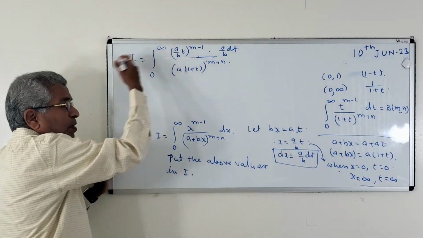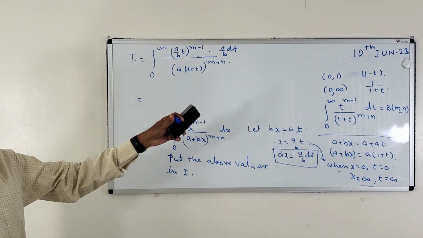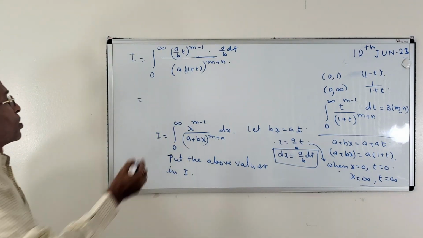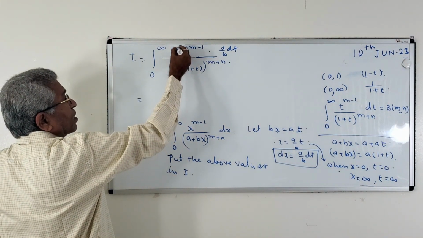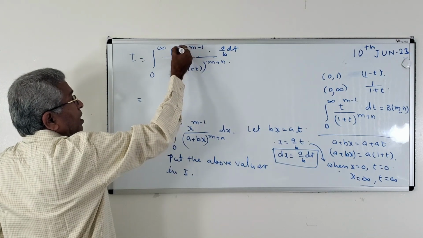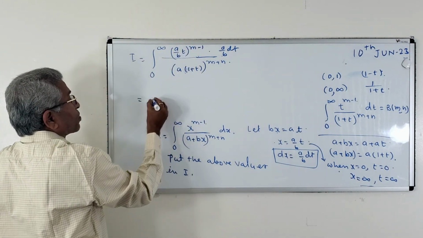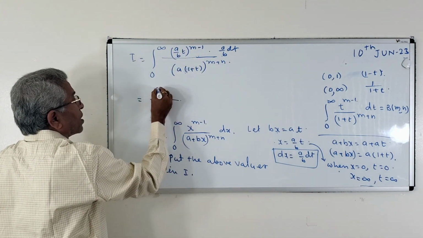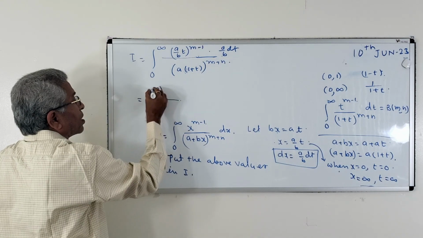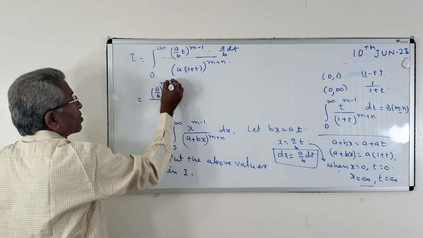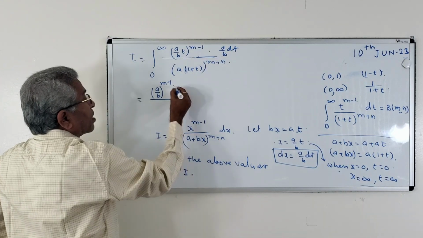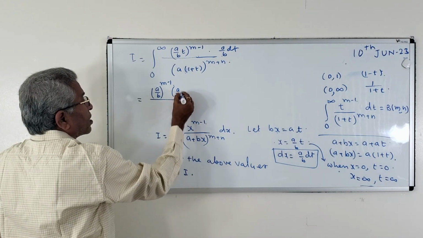Now write all the multiple constants in the numerator as well as the denominator outside the integral. So here, see, this is the multiple of this factor, a by b with power m minus 1. So write here a by b raised to power m minus 1. Then another factor a by b, write outside.